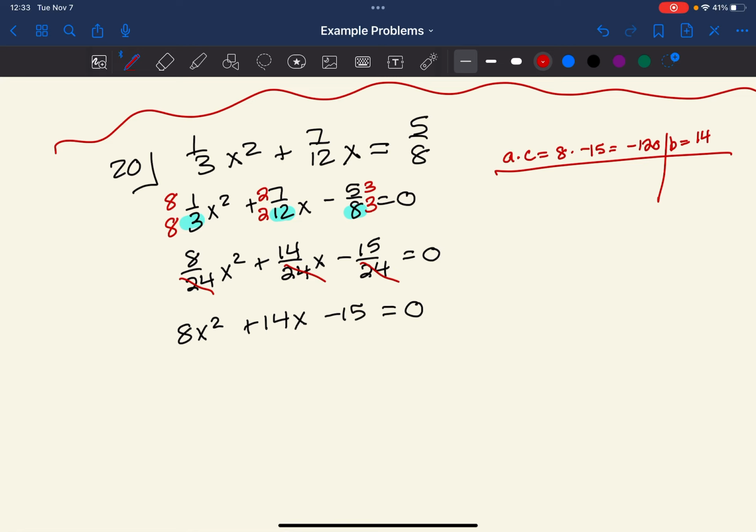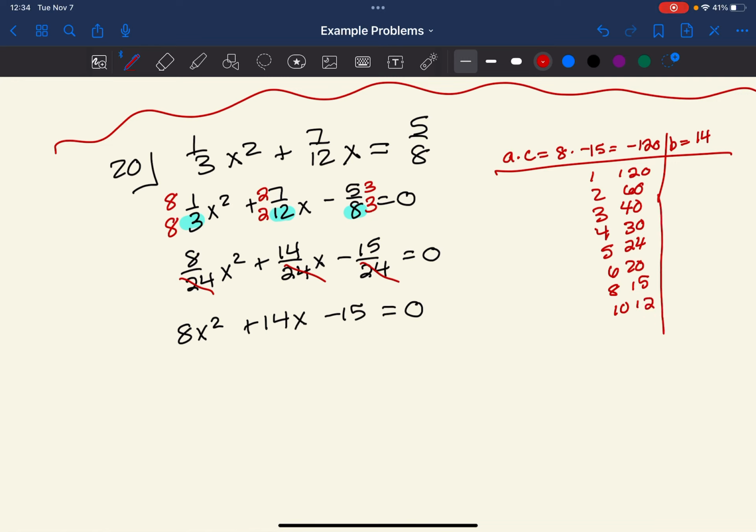So we have 1 and 120. We have 2 and 60. We have 3 and 40. We have 4 and 30. We have 5 and 24. We have 6 and 20. 8 and 15. And then lastly, 10 and 12.